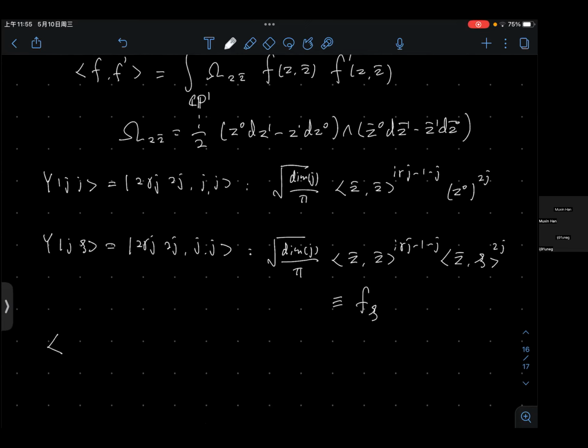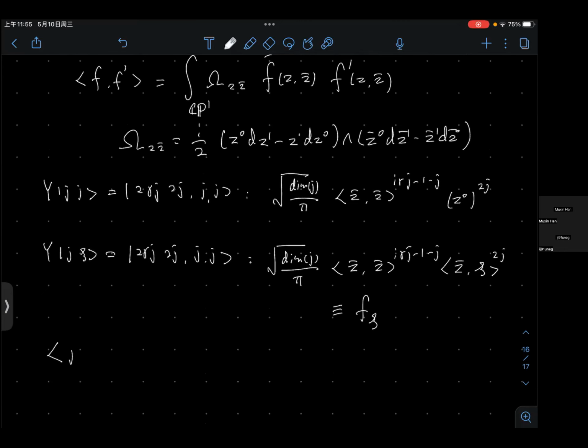Then the inner product happening in the spinfoam, Y dagger GA inverse GB, BA is just given by this CP1 inner product of F prime and F, CAB.